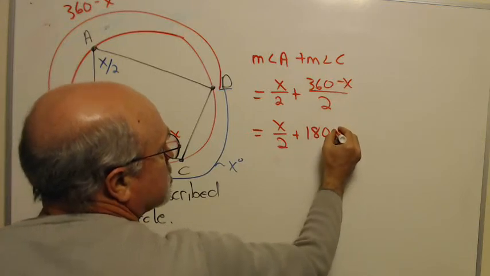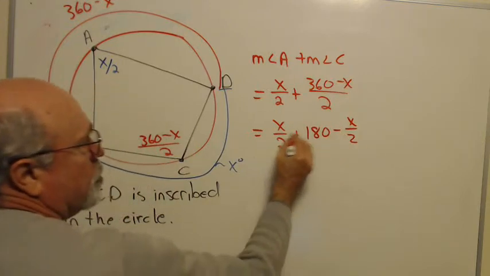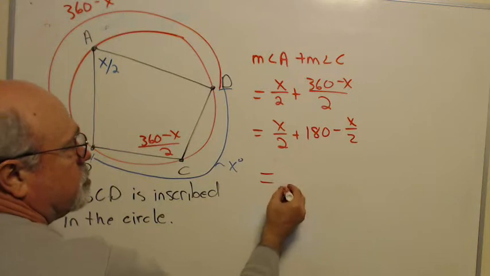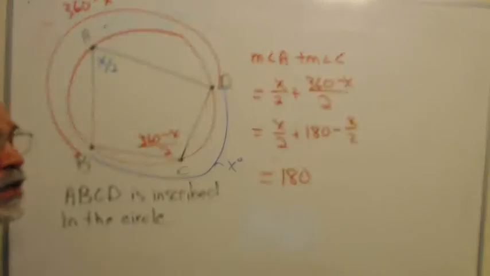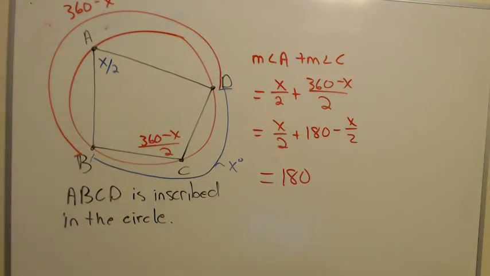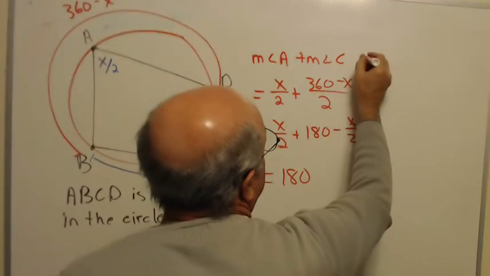Then I get a minus x over 2. Well, x over 2 minus x over 2 is 0. We get 180. So what we have here is that when a quadrilateral is inscribed in a circle, its opposite angles are supplementary. They add up to 180.